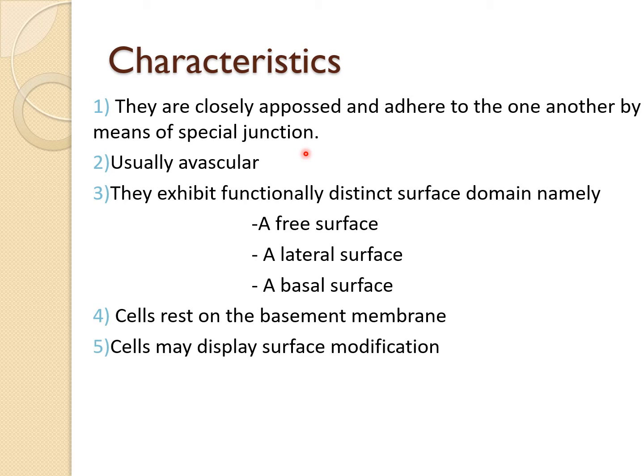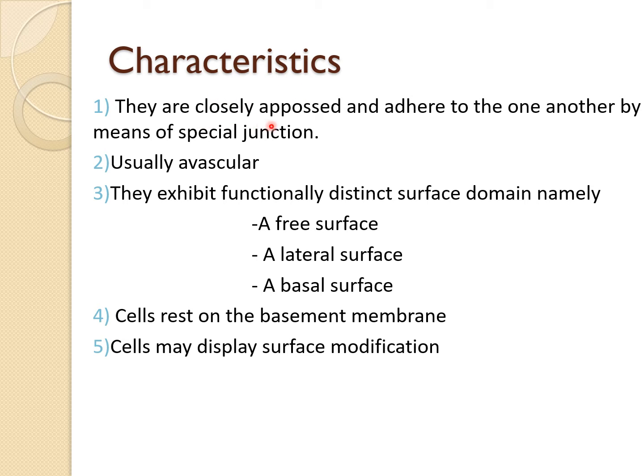All cells rest on the basement membrane. Cells show polarity and surface modification, have good regenerative capacity, and show metaplasia, where change from one type to another can take place. It is derived from all three germ layers. These are the general features of the epithelium.